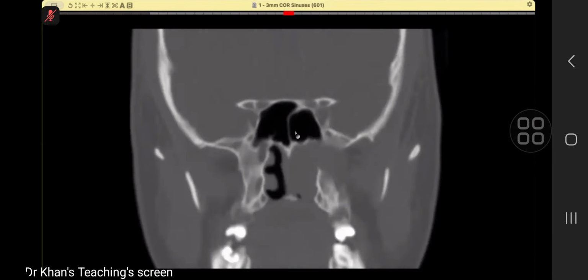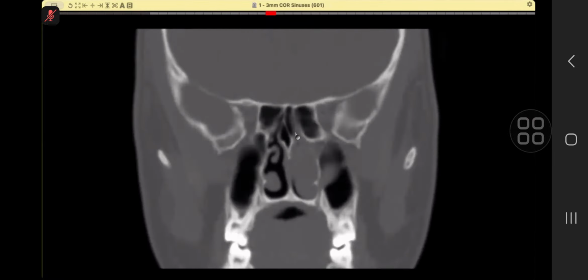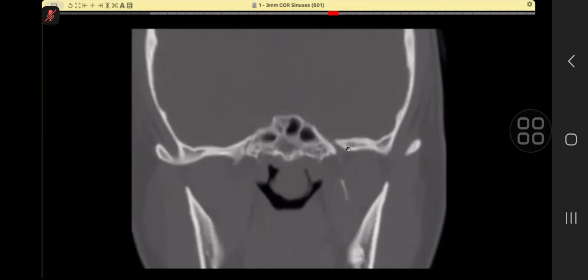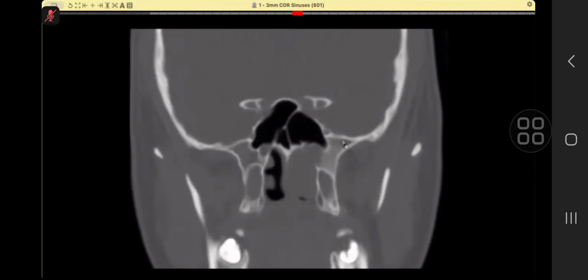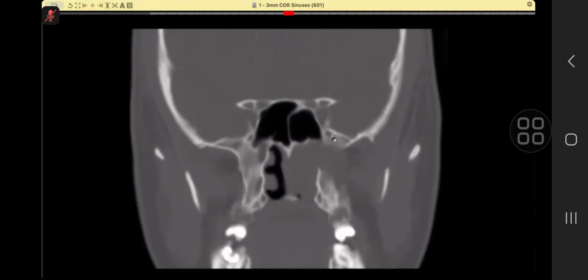And on this coronal, you can see that, just wait, the software is hanging actually. Okay, so if you see here, this is the foramen rotundum, and it is absolutely normal.